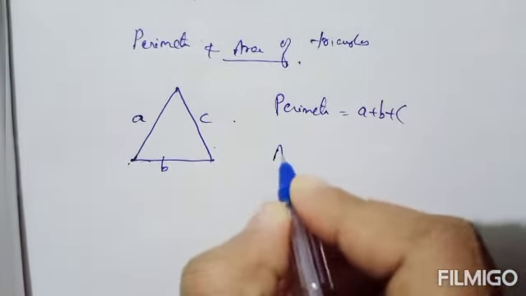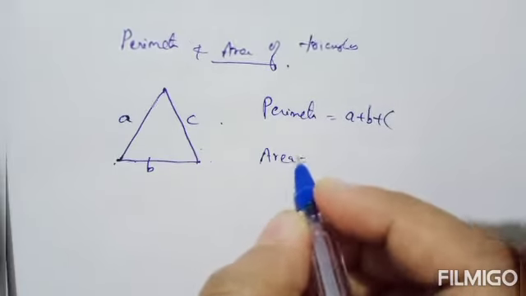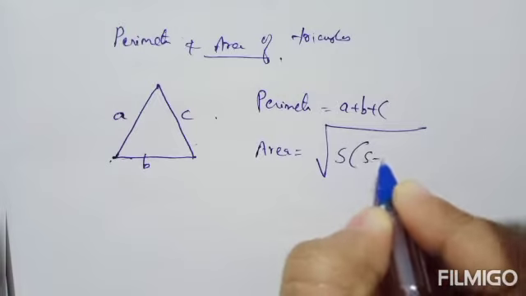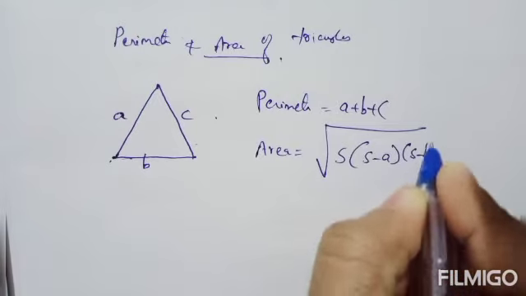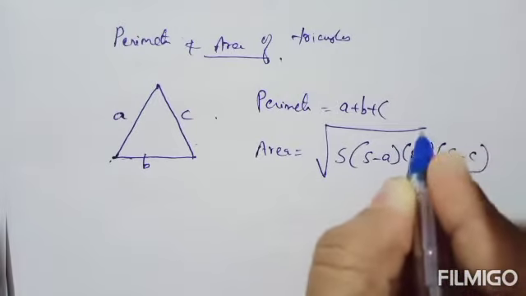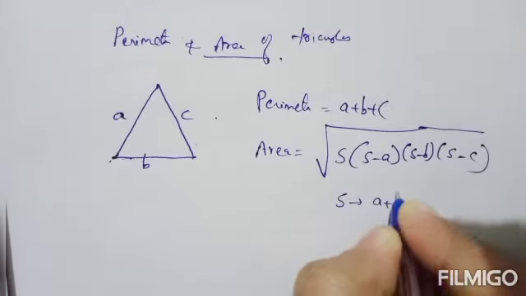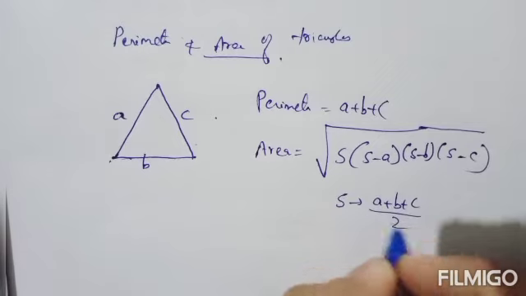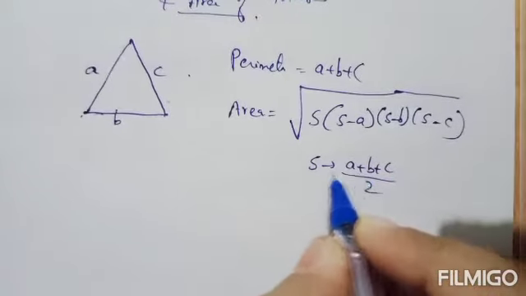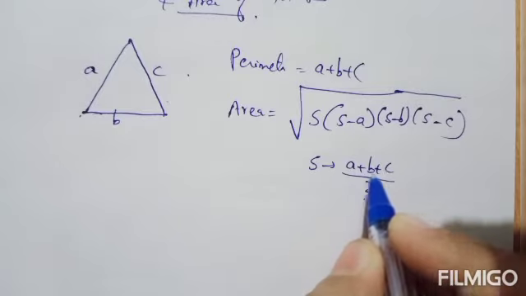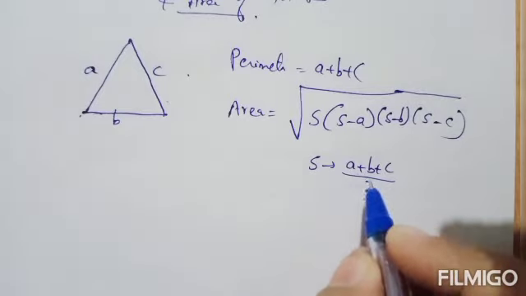Now you can find the area by using the formula root of S into S minus A into S minus B into S minus C, where S is A plus B plus C by 2. That is half the perimeter, perimeter by 2. You can find S by finding the perimeter and dividing it by 2.